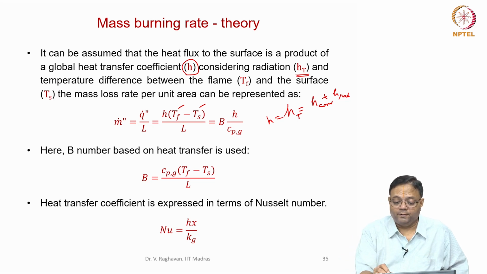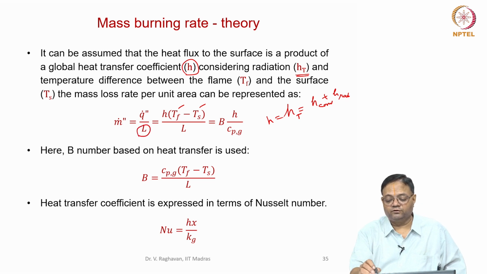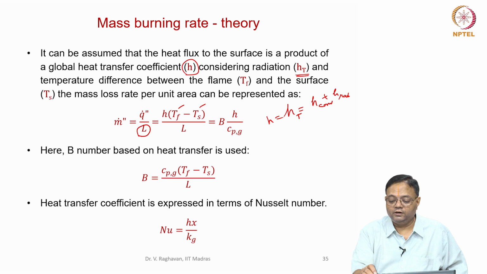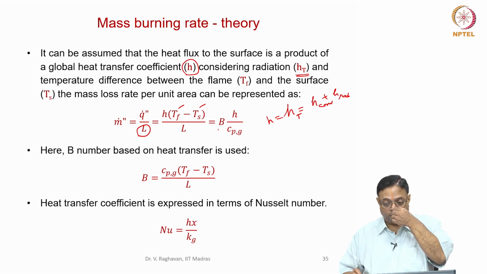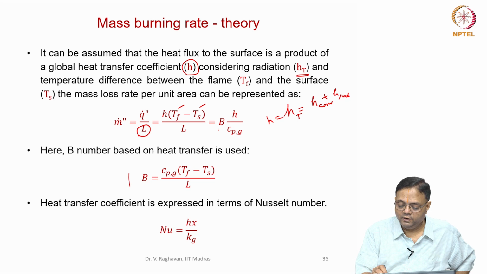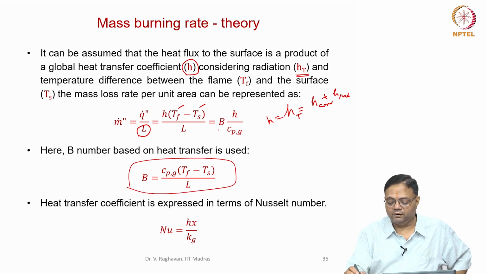So now I can say m dot will be equal to q dot double dash by L, where L is the latent heat plus the sensible heat. So H into Tf minus Ts by L, or B into H by Cpg, where B again is the transfer number.